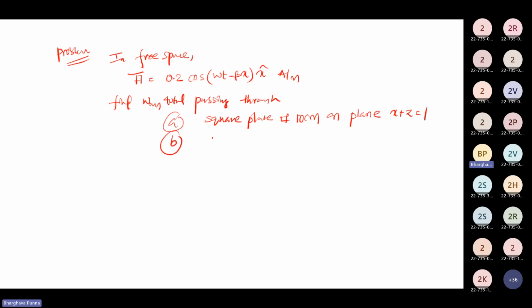That is one surface. That is a square surface. That means what is the area? 10 centimeters means 100 centimeters square. Okay, that is the area they have given.